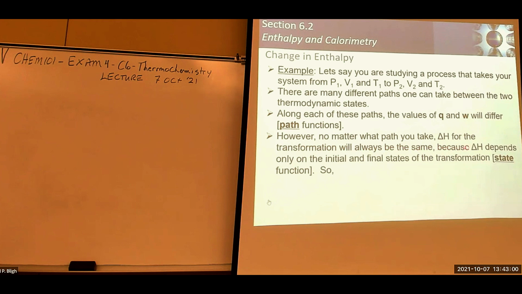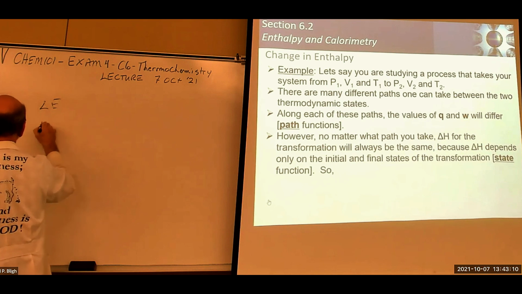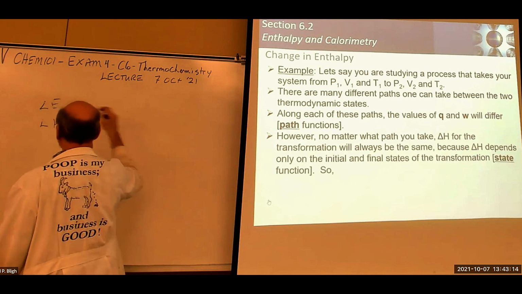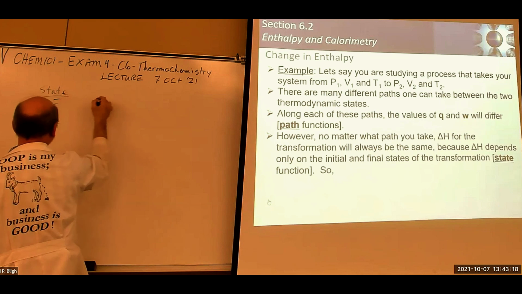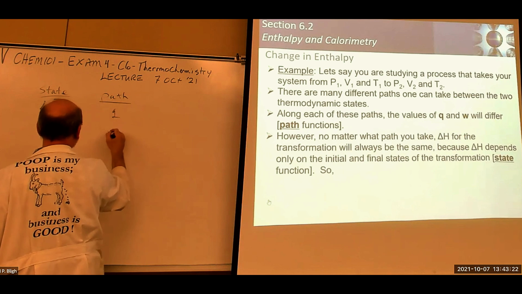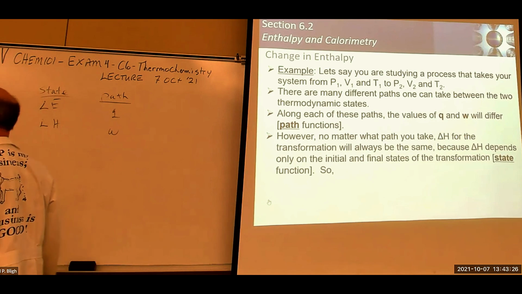All those transformations, you'll end up at the same place, delta H. Delta H is a state function. So what are the state functions we've seen so far? Delta E, delta H, I think. These are states. And paths, we've seen Q and W. Path functions.